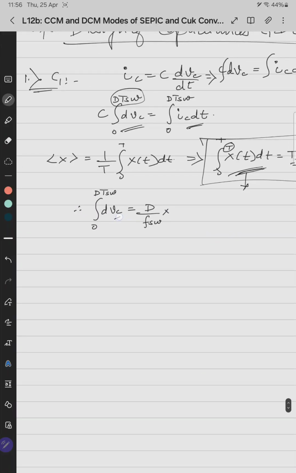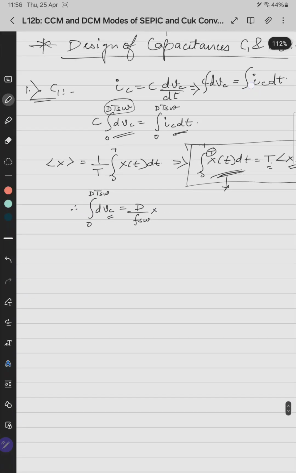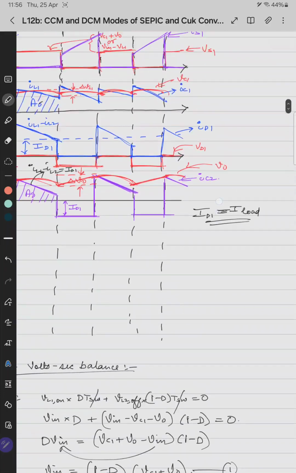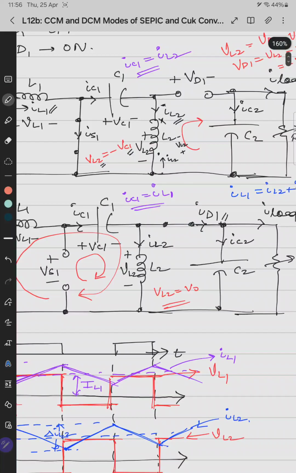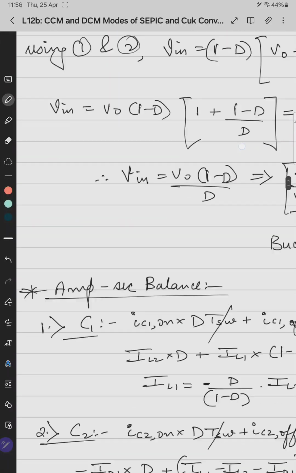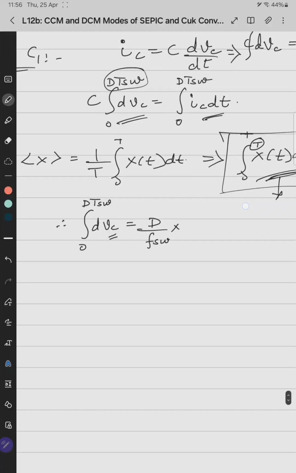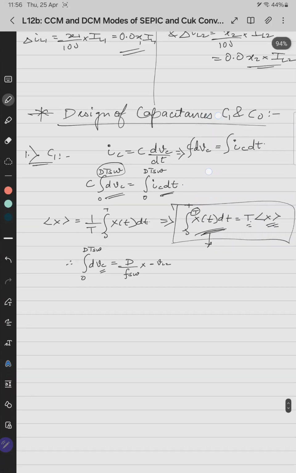What is the average value of the capacitor voltage in on time? We have already written here, VC1 equals minus VL2. So let's write everything in terms of Vin and V0, not VL2.